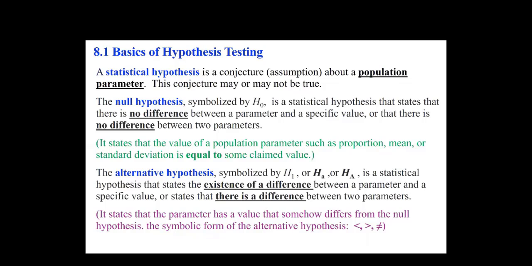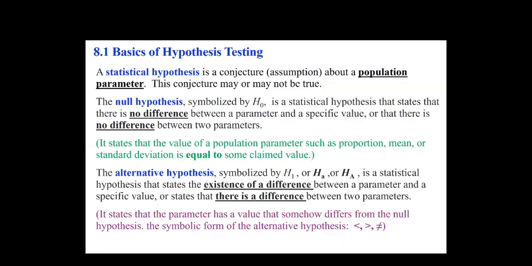The null hypothesis, symbolized by H sub 0, is a statistical hypothesis that states that there is no difference between a parameter and a specific value, or that there is no difference between two parameters. So it states that the value of a population parameter such as proportion, mean, or standard deviation is equal to some claimed value. I want to make sure everybody understands what's happening in this case.